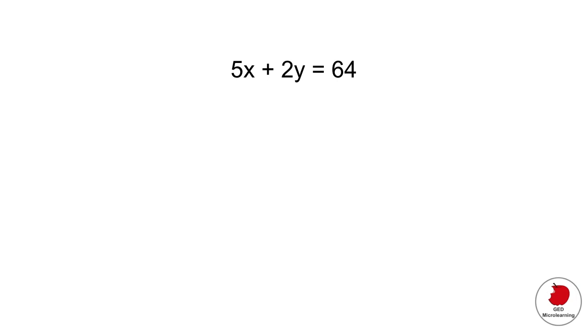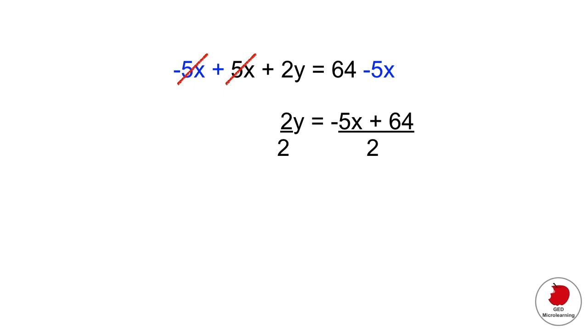We're going to isolate y on the left side. In order to do that, we start by getting rid of the x. So we subtract 5x on the left side and do the same thing on the right side, so that we can eliminate the x's on the left. That gives us this expression. And now all we have to do to isolate the y is divide both sides by 2.